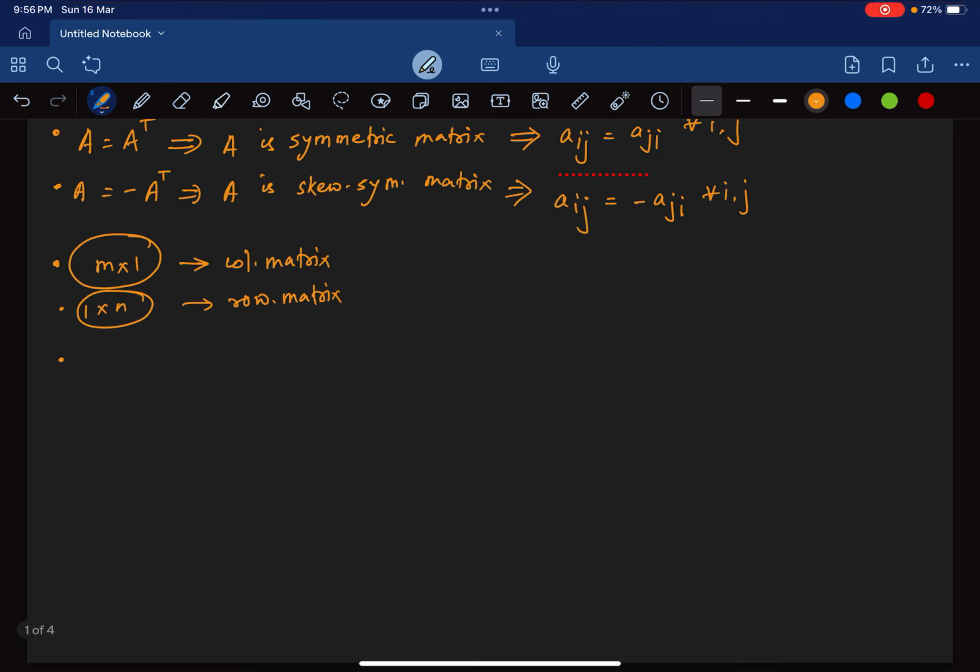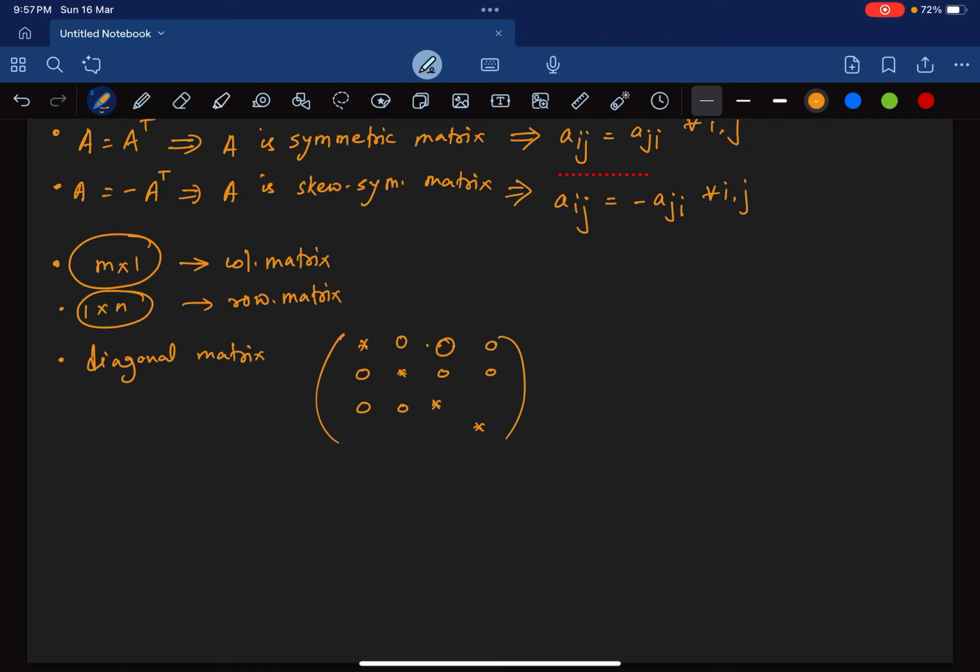Now, what is a diagonal matrix? In the basic form of a diagonal matrix, the principal diagonal entries will be non-zero. Apart from that, all the other entries are 0.